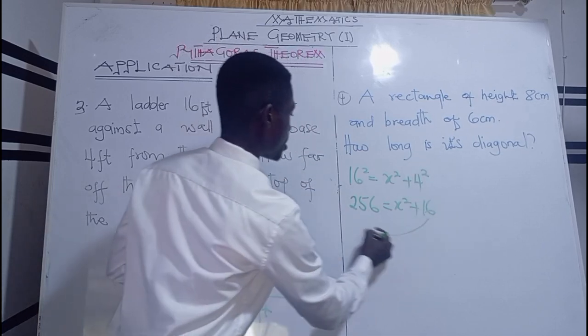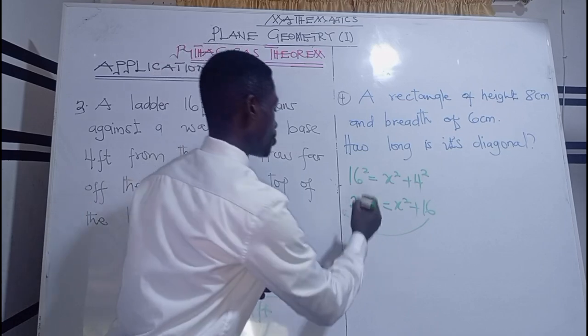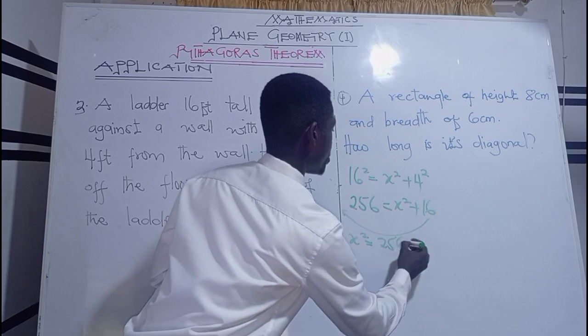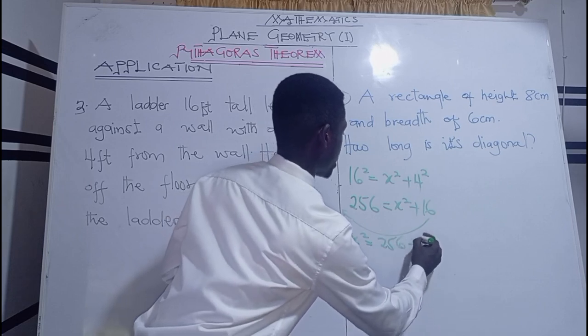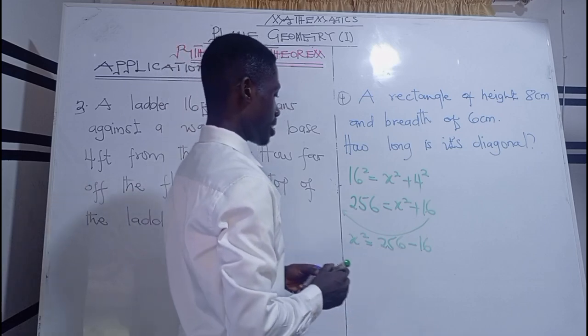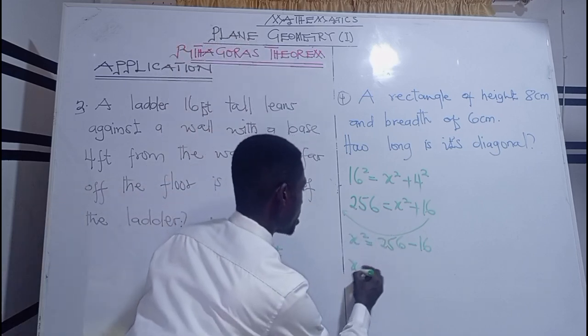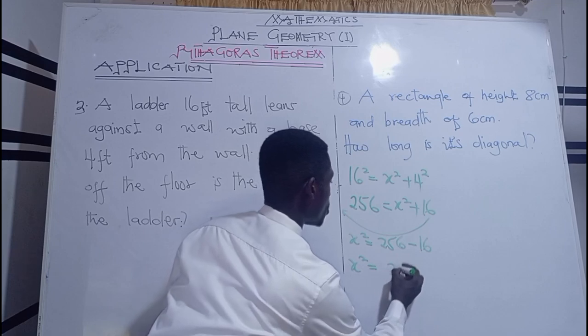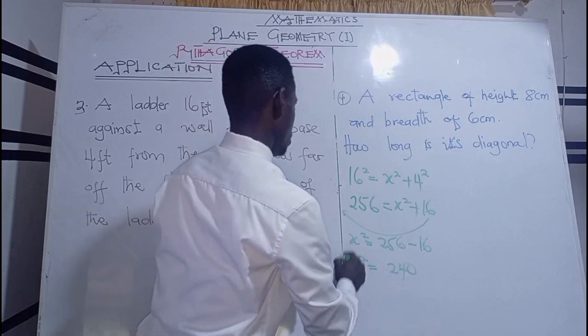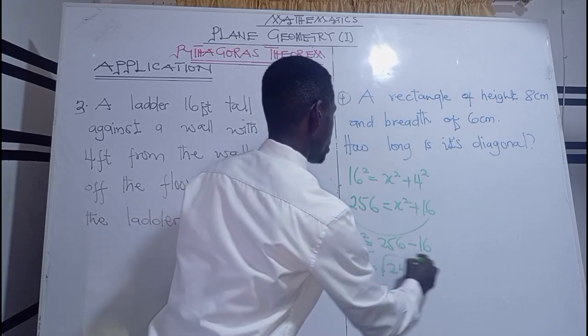So we bring this 16 to this side, and we get x squared is equal to 256 minus 16. So x squared is equal to 240.